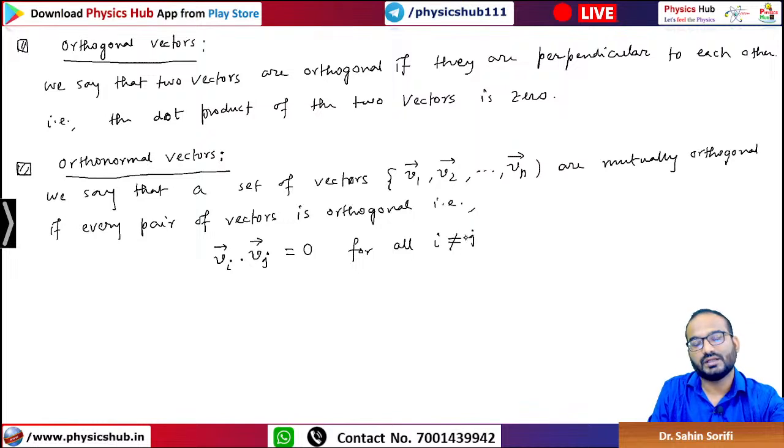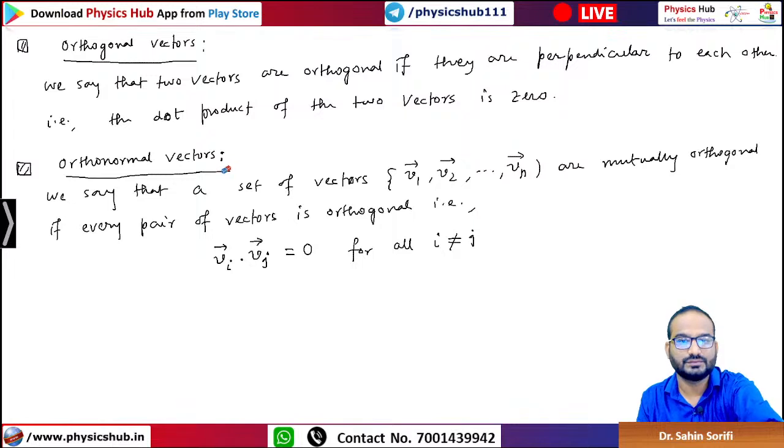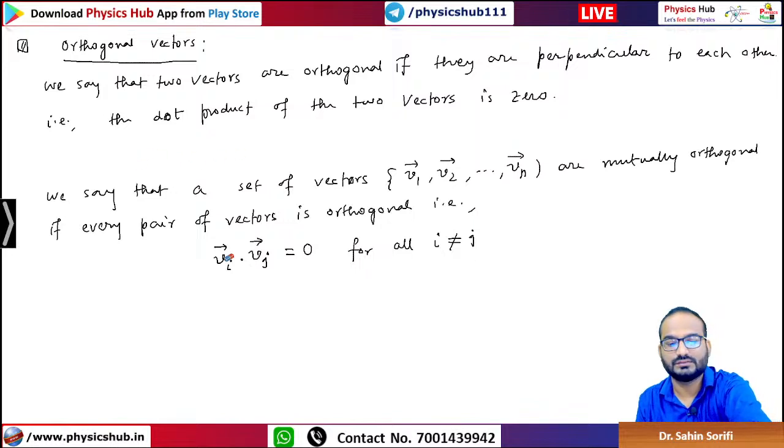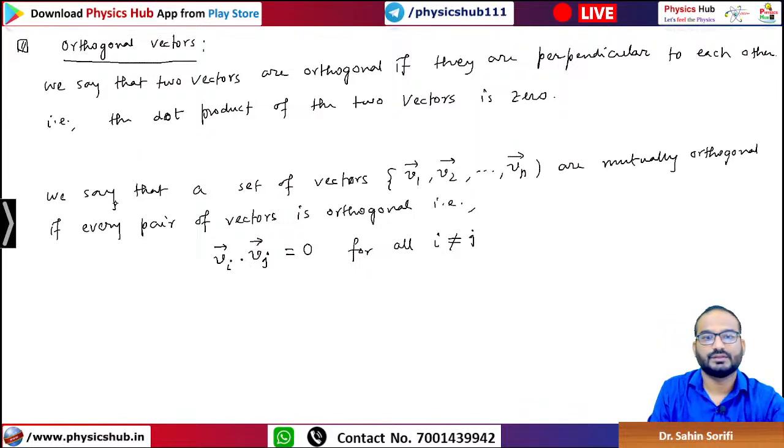You cannot take the dot product of v1 and v1; they should be different. Okay, this is not orthonormal now, this is under orthogonal vectors only. Sorry for this, it is another part of it. This is for 2 vectors, and this is for more than 2 vectors. We'll come to orthonormal vectors after this.